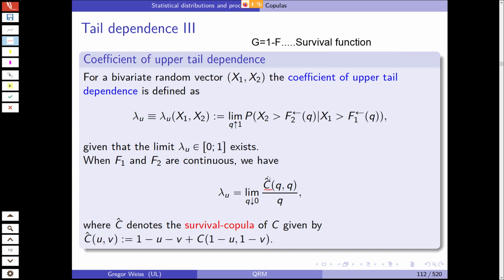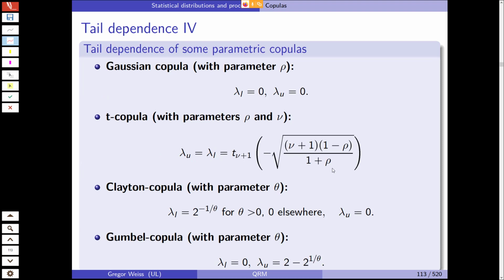And the survival copula then obviously is the copula of the survival function, not of F, but of 1 minus F. And these are the tail dependence coefficients of some parametric copulas. For the Gaussian copula, lambda L and lambda U are 0. The Gaussian copula is so-called tail independent.